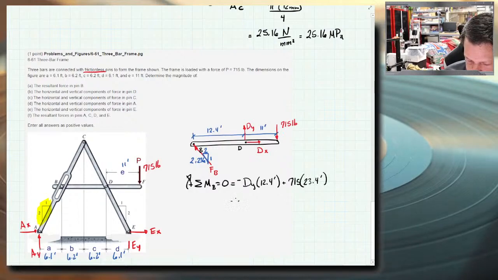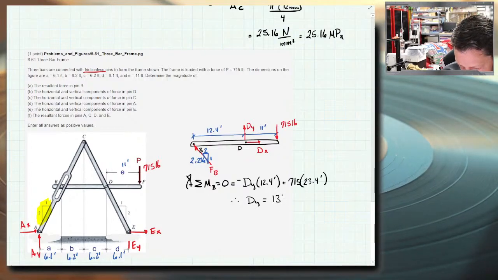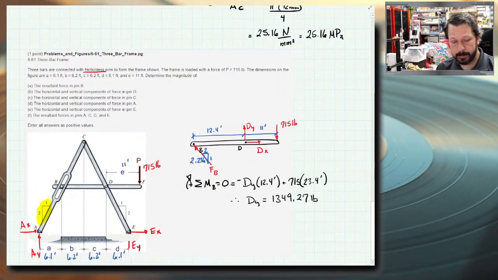So therefore, dy equals, and it turns out that it's positive, so I did draw dy the right way. 715 times 23.4 divided by 12.4, 1349.27 pounds.